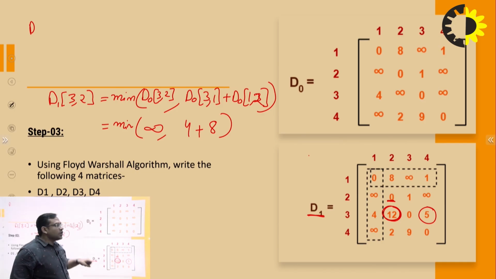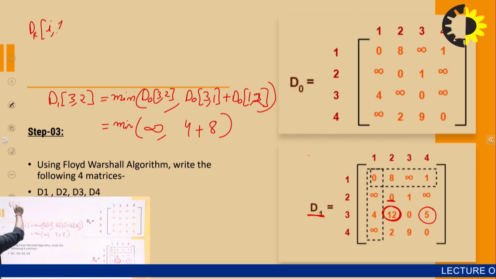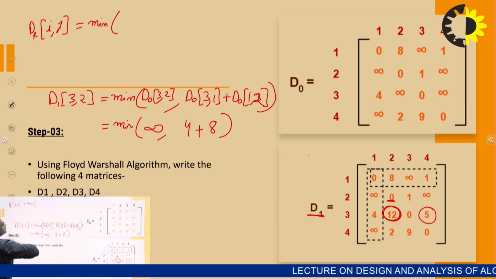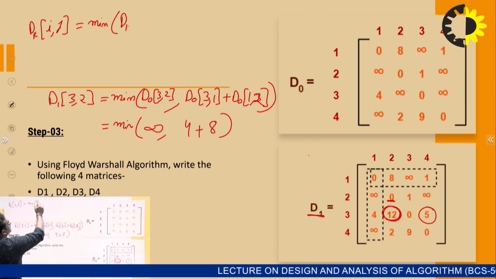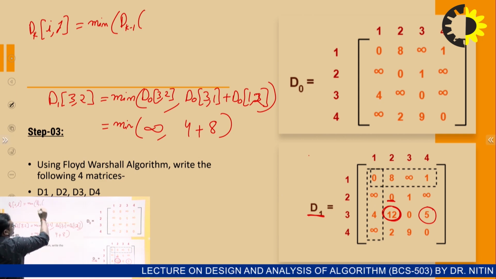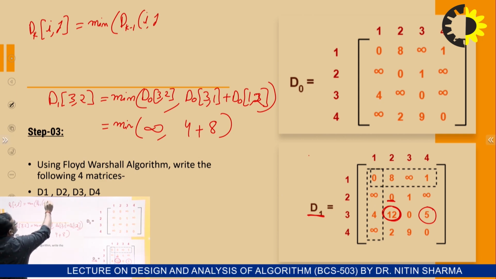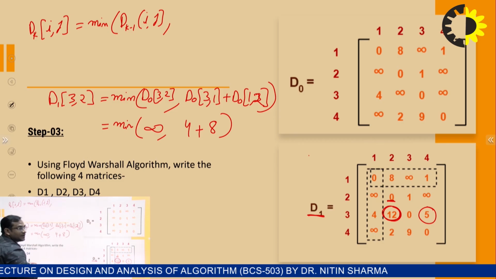Okay, through this we can create the formula which we discussed earlier. Assuming here K, D K i j is equal to minimum of D K minus 1 i j, comma, D K minus 1 i K plus D K minus 1 K j.